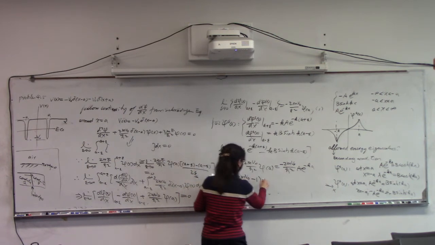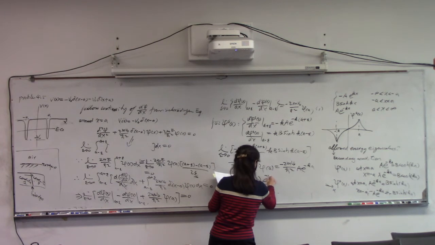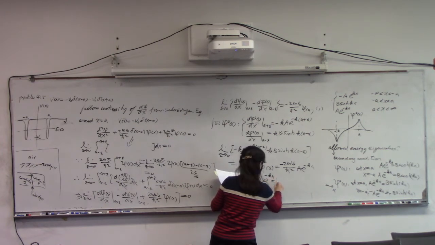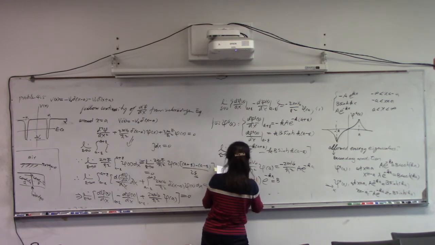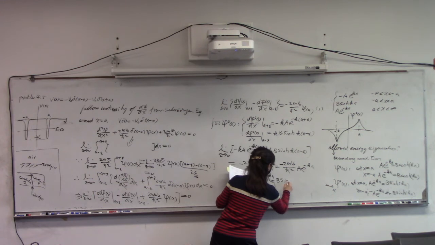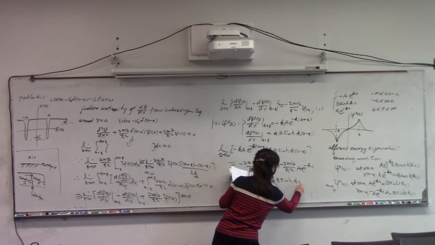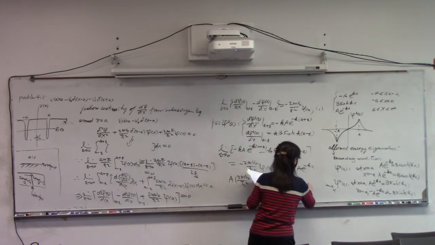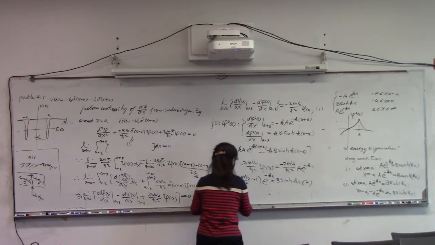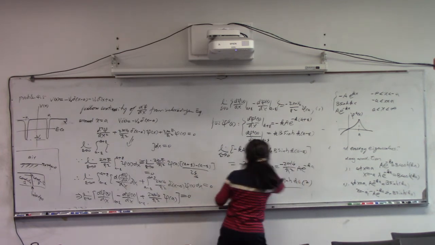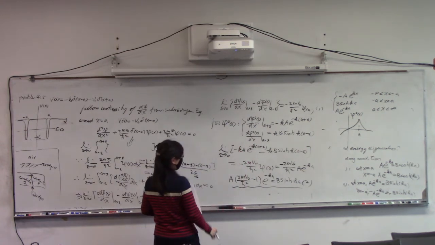Minus 1 exponential minus ka equal to b hyperbolic sine ka. So now this is equation 2. That is for this symmetric.